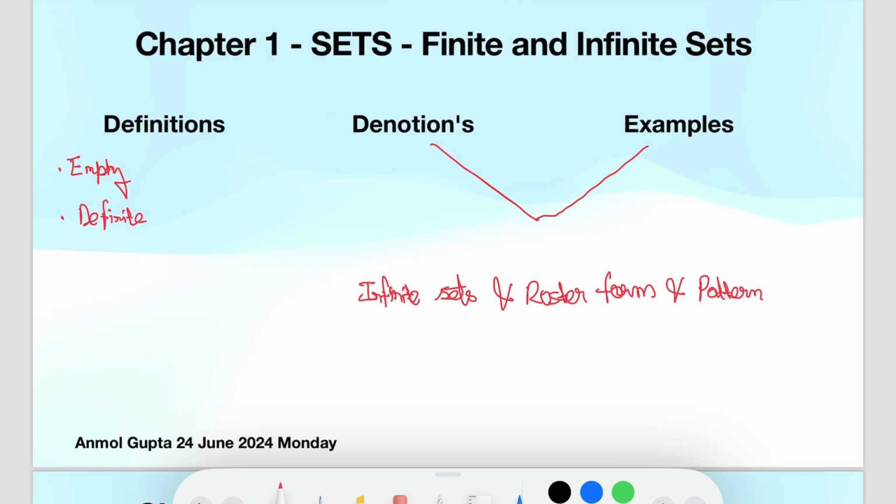A finite set is an empty set or a set which contains a definite number of elements. An example of a finite set is A equal to 1, 2, 3, 4, 5.